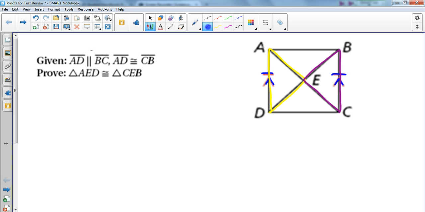Now, to prove triangle congruency, what we need to do is prove a triangle congruence combination. So show that one of these exists. Maybe we know that all three sides in both triangles are congruent. Maybe we know that two sides are congruent and an angle in between the two sides.